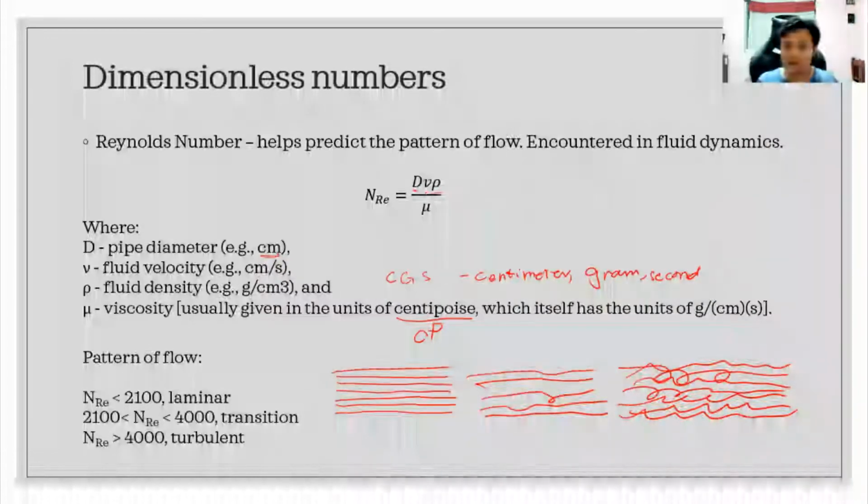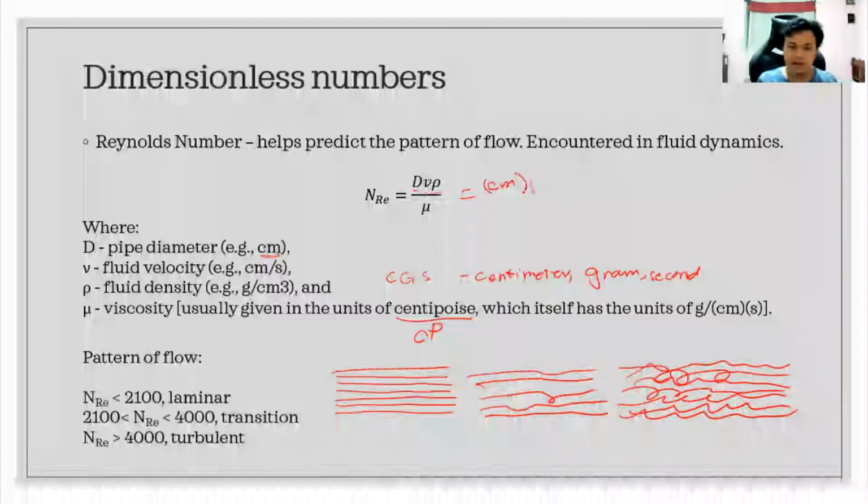So why is it called a dimensionless number? For example, I will plug all of these numbers here. The pipe diameter has the units of centimeters, all right?